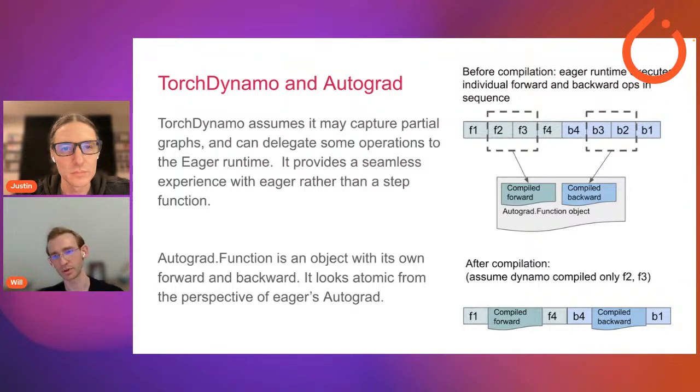And TorchDynamo actually builds on top of this autograd.Function as a way to integrate with eager PyTorch. So we didn't want the compiled mode of PyTorch to be a very foreign experience.